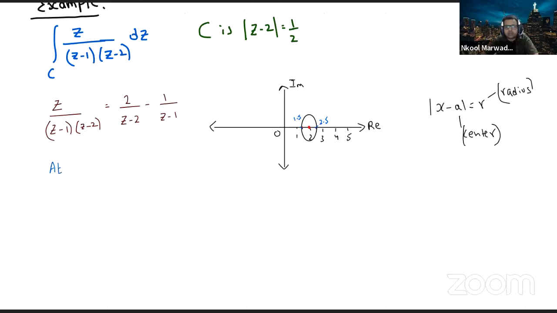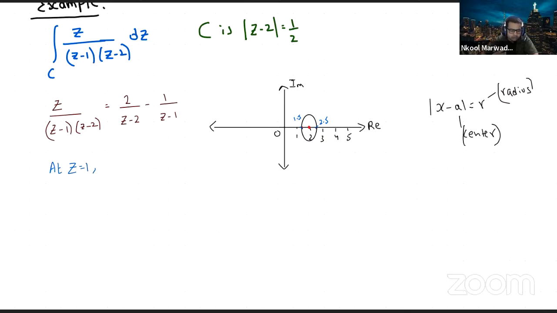Now see, one very interesting observation: z is equal to 0 is a point which is outside the contour. And we are not at all interested in that point, because we are integrating this function for the points which should be either on the contour or inside the contour. But z is equal to 0 is a point which is outside the contour.